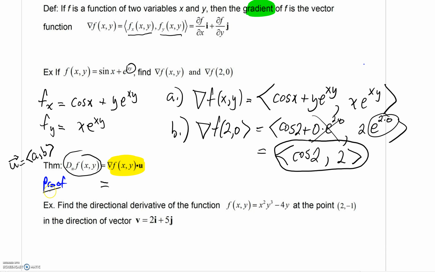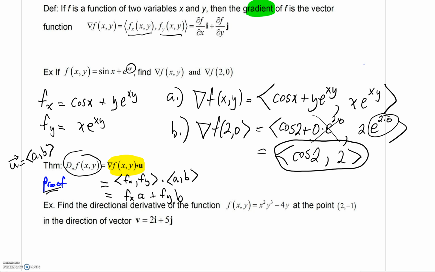Here's a proof. It's a very short proof. It's actually delightfully short. Look, your x component is f sub x for the gradient, f sub y for the gradient's y component. We're going to have a dot product with (a, b). And you know how the dot product works: x component times x component plus y component times y component. What are we seeing?